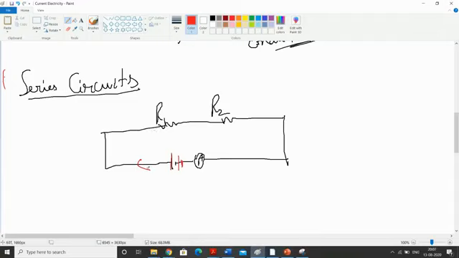In a series connection, whatever current goes out of the battery, that same current flows through R1 and the same current flows through R2. So current remains the same across all the resistors connected in series.